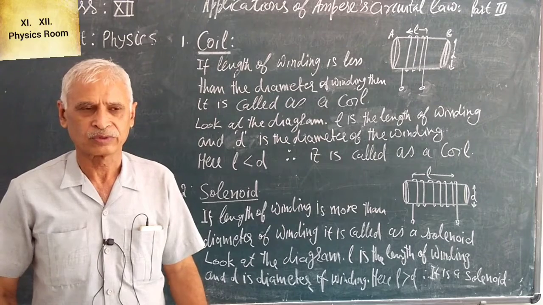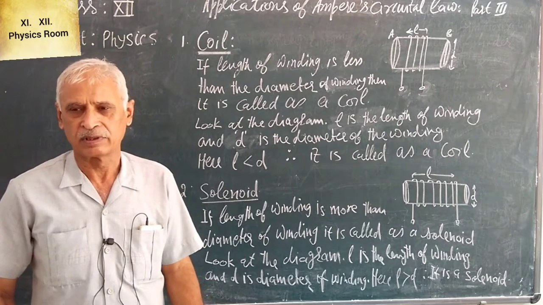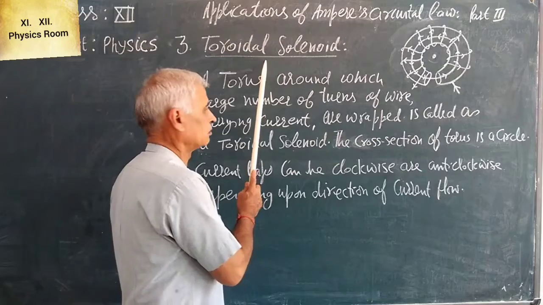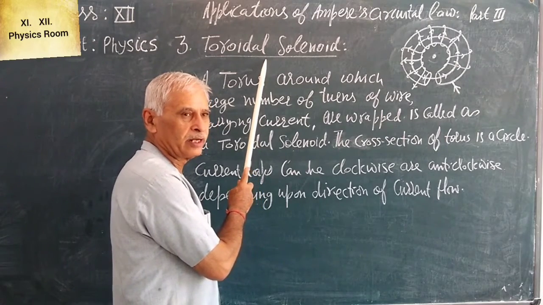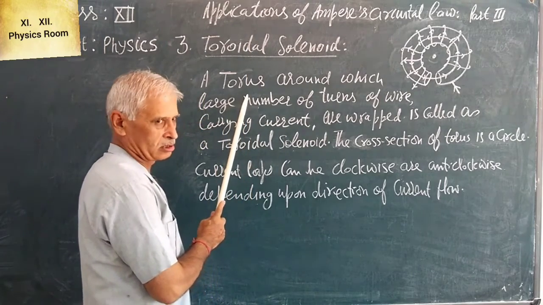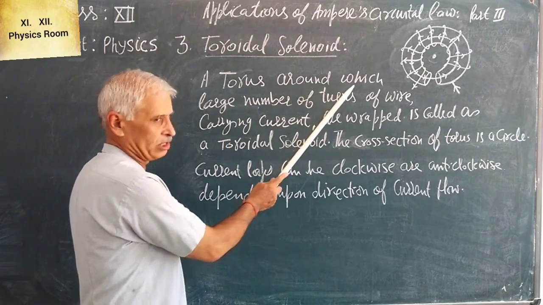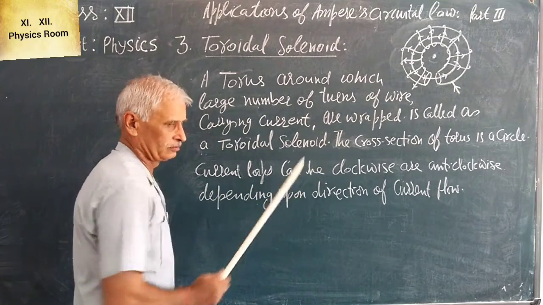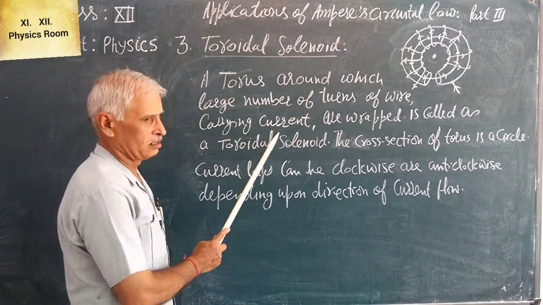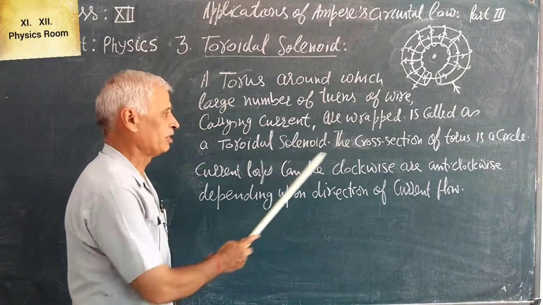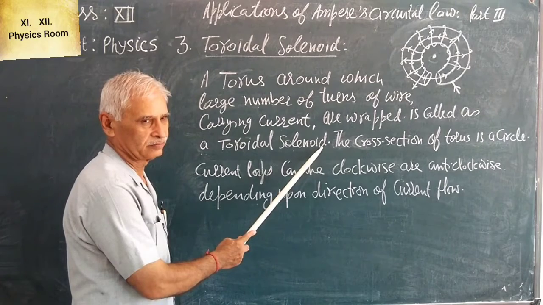Now we take up what is a toroidal solenoid. A torus around which a large number of turns of wire carrying current are wrapped is called a toroidal solenoid.